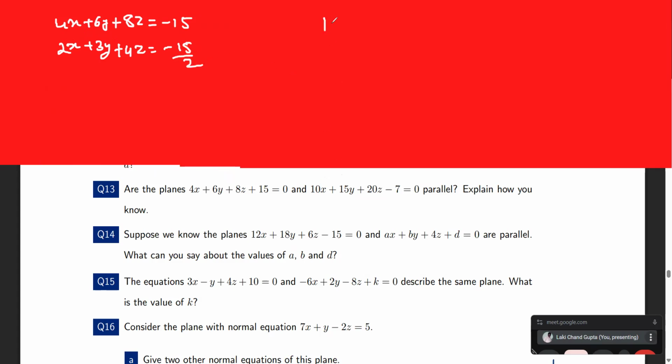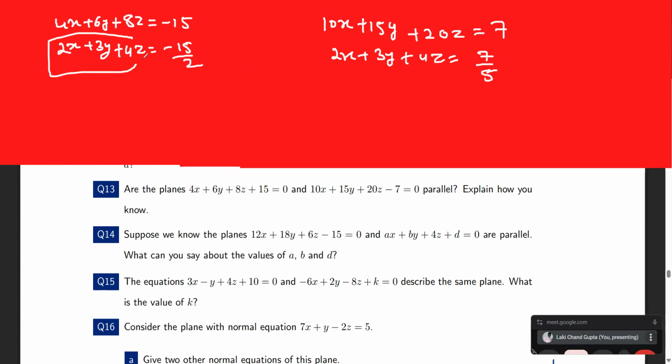Now do this. 10x is equal to 7. Take 2 common. Take 5 common. Yes, they are the same, right?